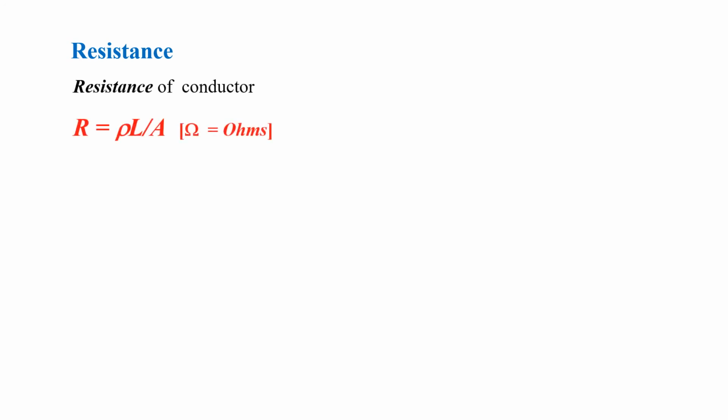The resistance of a conductor, R, is equal to resistivity times the length divided by the area. The unit of resistance is the ohm, and you have here omega as the symbol for ohms.